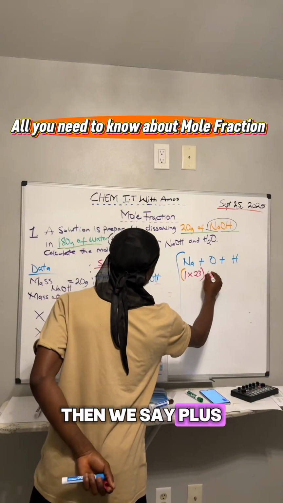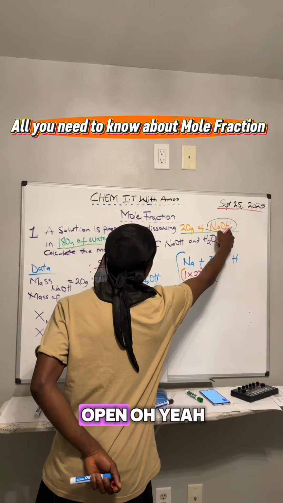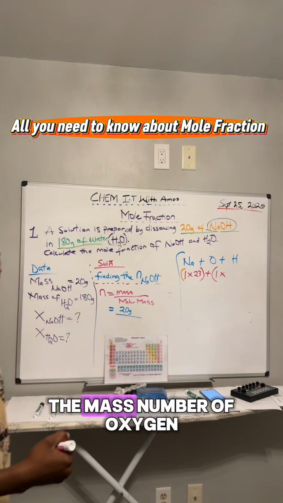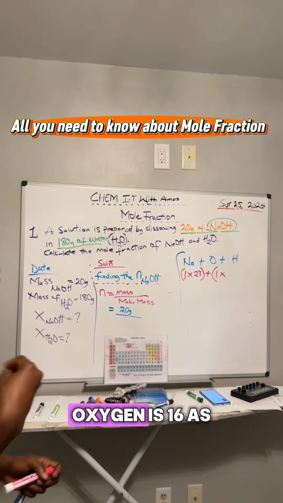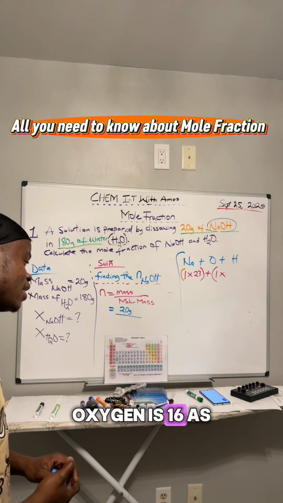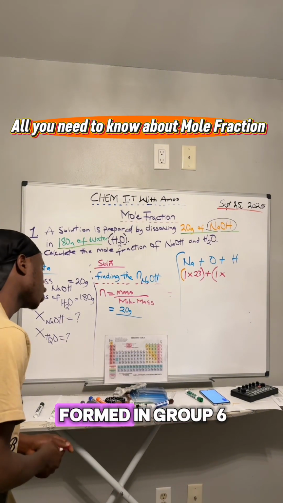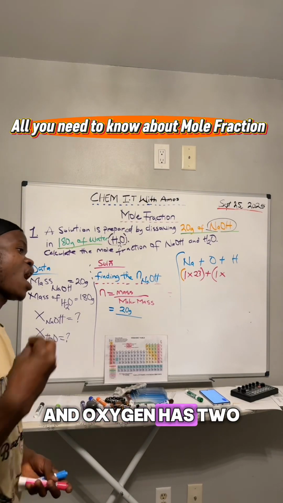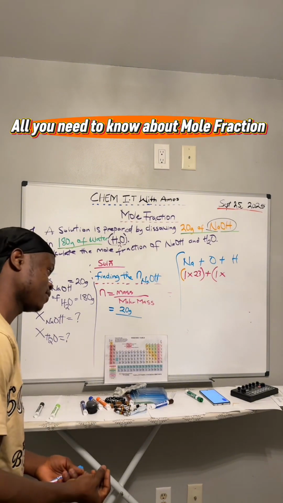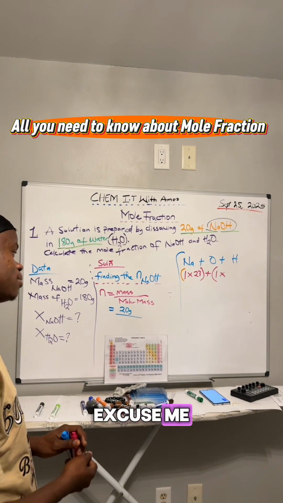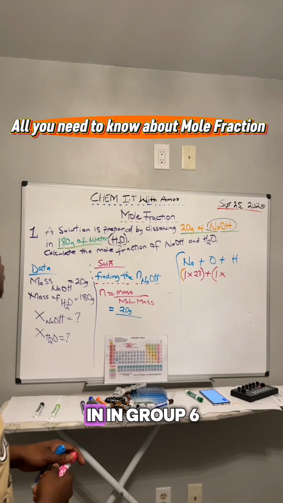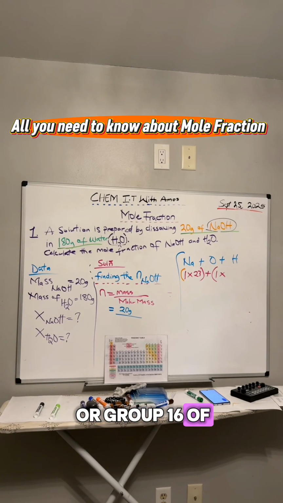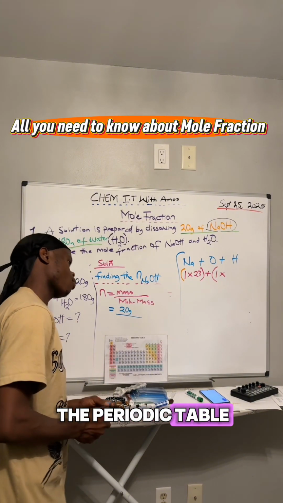Then we say plus. Oxygen has 1 here, right? So you already see 1 times. What is the mass number of oxygen? Oxygen is 16 as the mass number, and it is found in group 6 or group 16 of the periodic table.